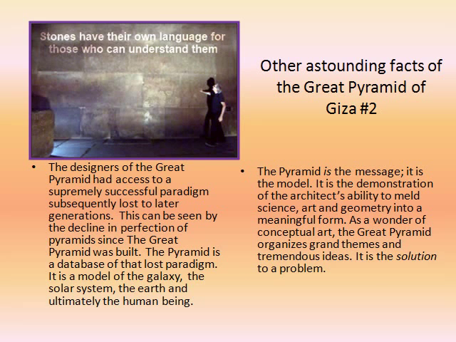The pyramid is the message. It is the model. It is the demonstration of the architect's ability to meld science, art, and geometry into a meaningful form. As a wonder of conceptual art, the Great Pyramid organizes grand themes and tremendous ideas. It is the solution to a problem.